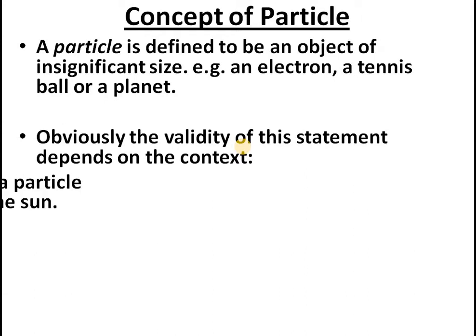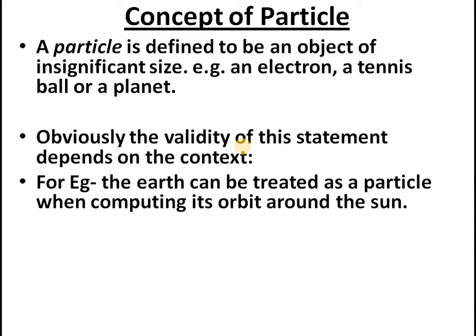So that is important. For example, you can count Earth as a particle when you calculate or describe the orbit around the Sun. So in this case, you see Earth is a particle.